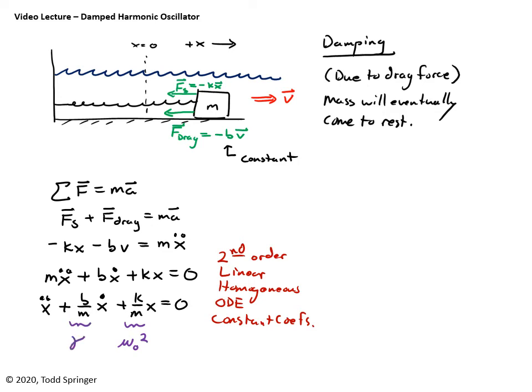So that's just a definition. So we end up with our equation for the damped simple harmonic oscillator: x double dot plus gamma x dot plus omega 0 squared x is equal to 0.